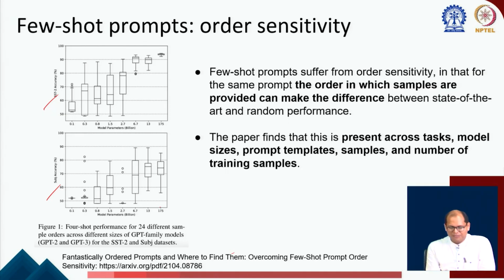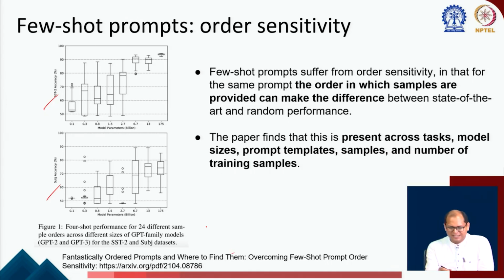They had 4-shot, which means you have 4 examples. You can put them in any permutation, 4 factorial, so there are 24 possible orders among these 4 examples, and they looked at the standard deviation.